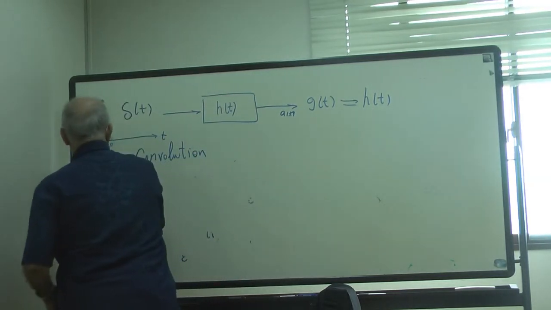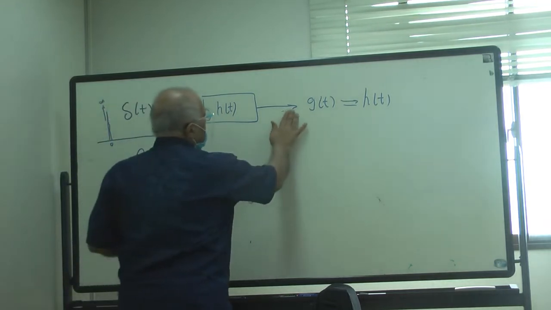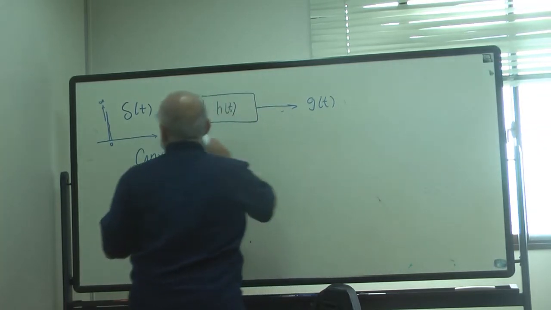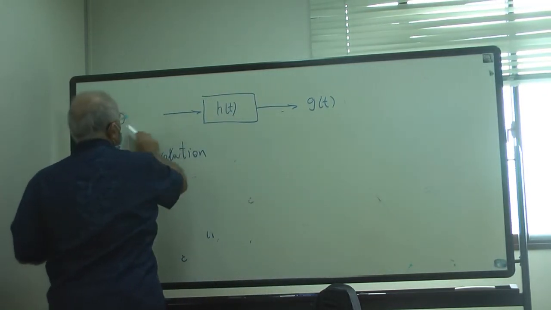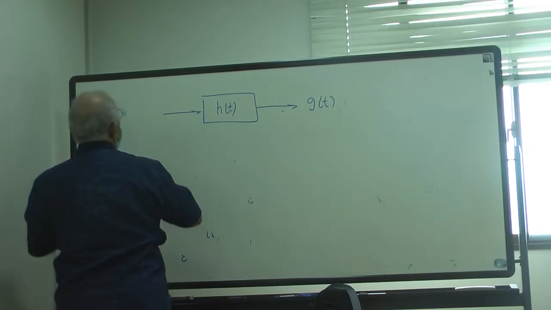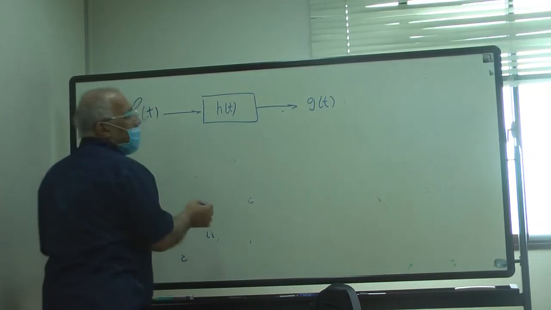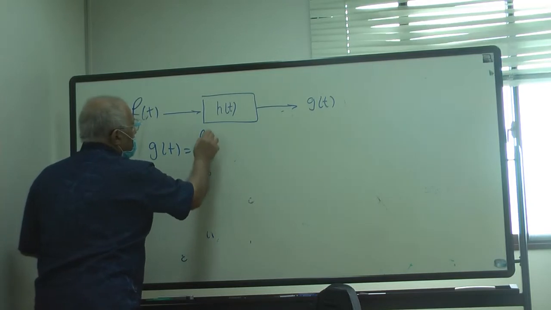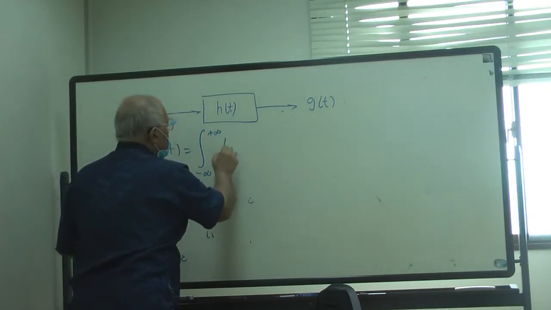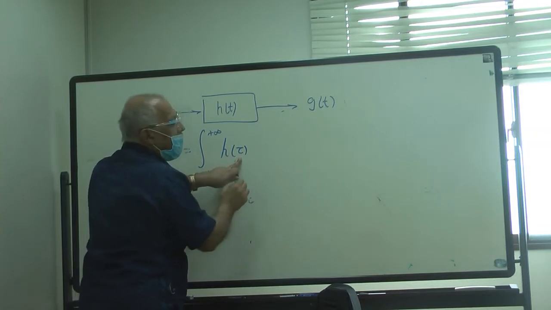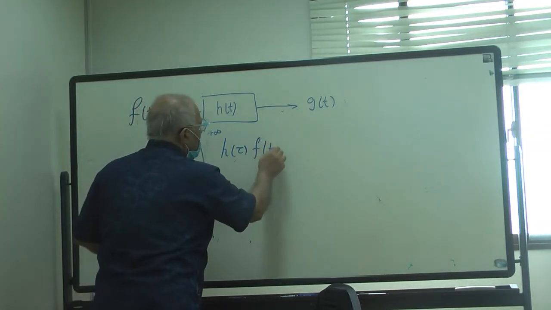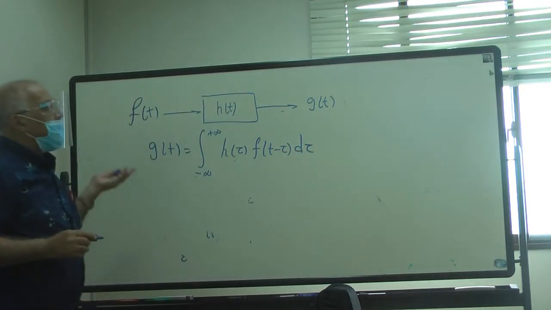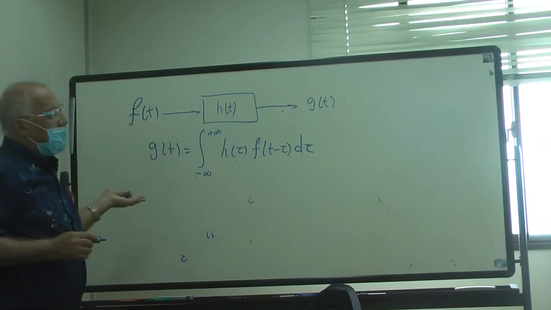The convolution integral is the relation between, in general, when you put signal f(t) here, then g(t) is the integral from minus infinity to plus infinity of h(tau), tau is a different variable, multiplied by f(t minus tau) d tau. This is the convolution integral.